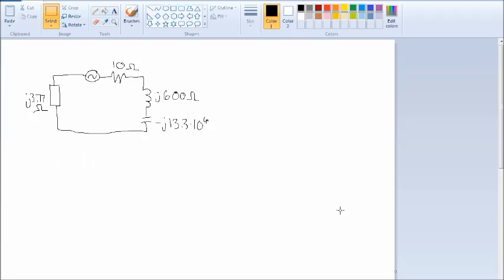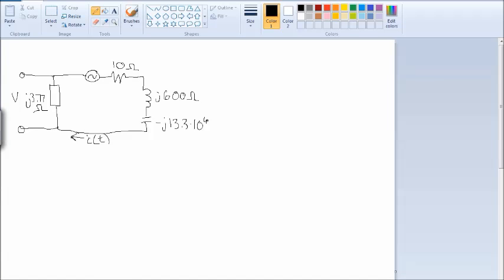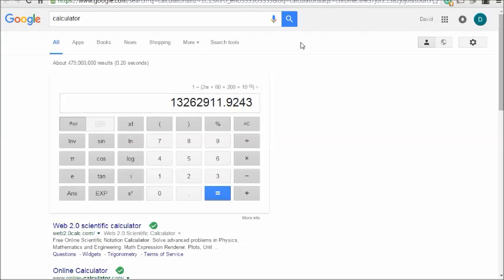So our next thing we need to do is solve for the two values that we originally wanted to solve for. One of them was this current right here going in this direction that we're just calling I, and I think we want it as a function of time, so I of t. And we wanted the voltage across this parallel combination over here. And that was, let's see what that was.